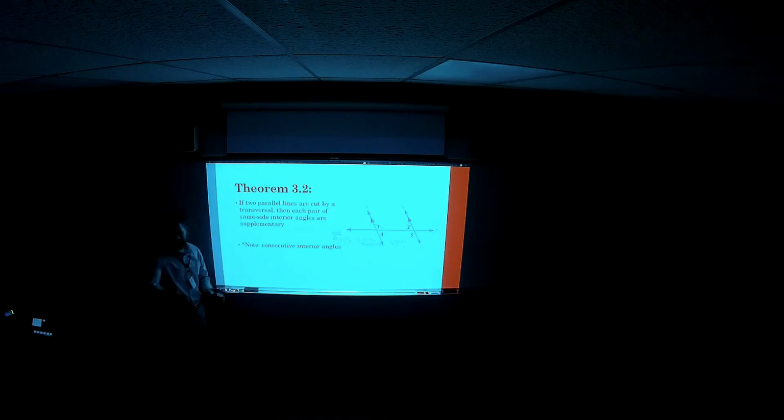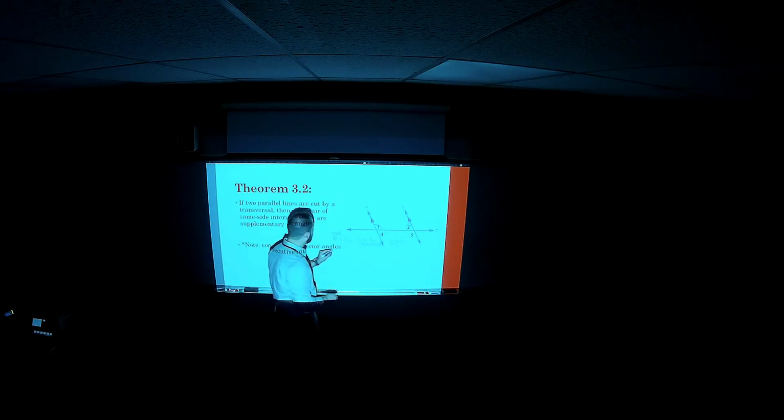Now, I'll give you guys the choice. Do you want to do it with corresponding, or you want to do it with alternate interior? Okay, alternate interior. So that's how we're going to try to show that 1 and 2 add to make 180. What we just got done learning in the last slide is that angle number 1 is equal to what other angle in this picture automatically?